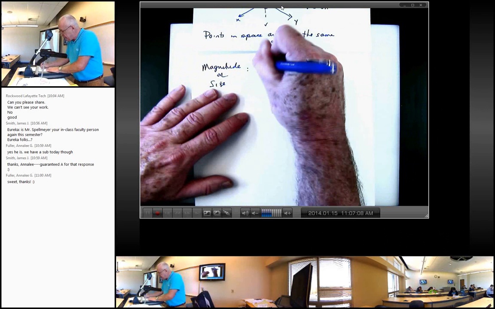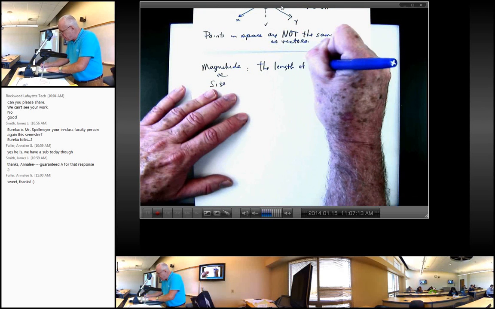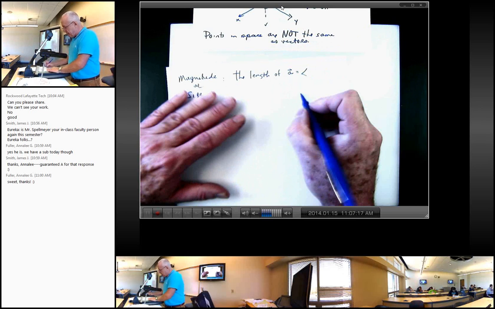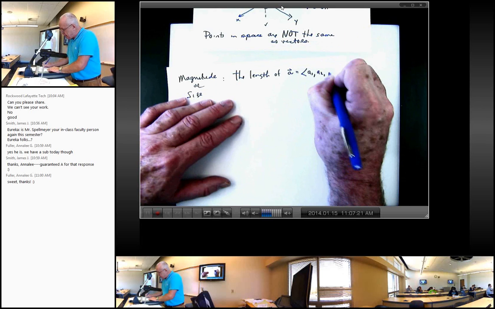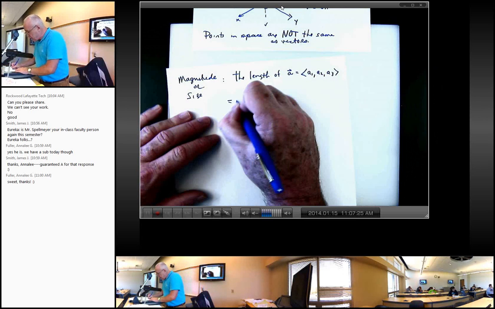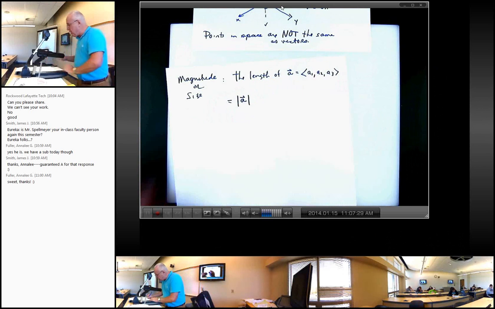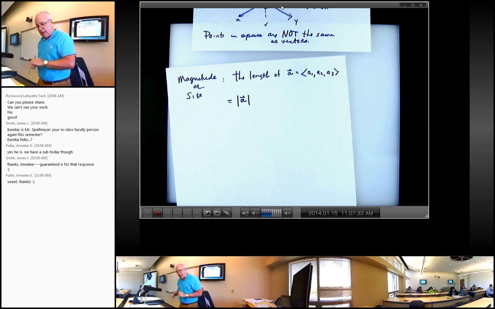The length of the vector A, let's say A is ⟨a1, a2, a3⟩ in angle brackets. The length of this vector, in a shorthand way, we denote with the absolute value signs.